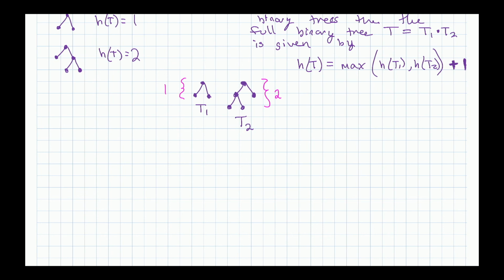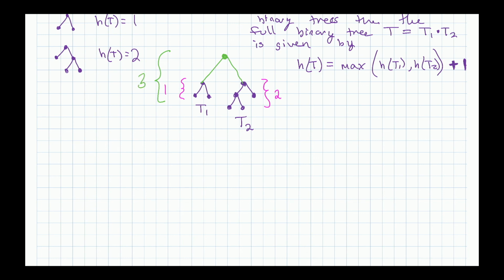And so if you wanted to combine those into one tree, you put a new vertex up there and say, well, what's the height of that whole thing now? Well, you basically just added 1 to the height of the whole thing.